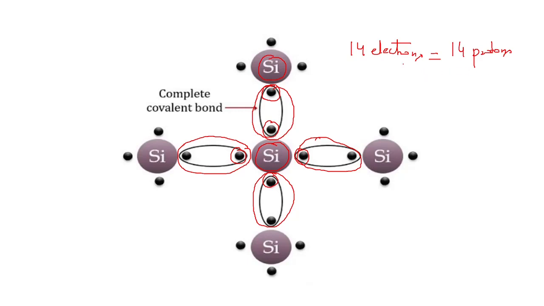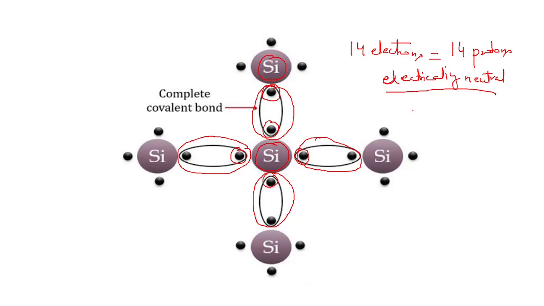Therefore, because they both are in same number, the silicon atom is electrically neutral. Okay, now all these silicon atoms which are there in this crystalline structure of intrinsic semiconductor, they are electrically neutral. So as a whole, the intrinsic semiconductor is electrically neutral.